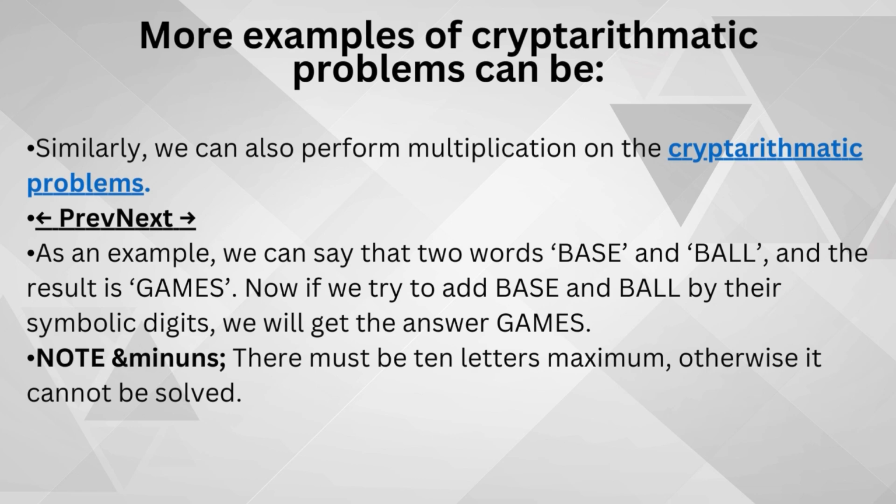Note that there must be 10 letters maximum, otherwise it cannot be solved. So, we have input and output. This example will take 3 words base, ball and games. So, we have the output, it will show which letter holds which number from 0 to 9.